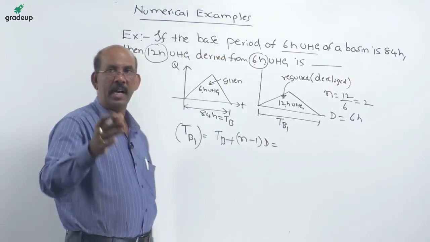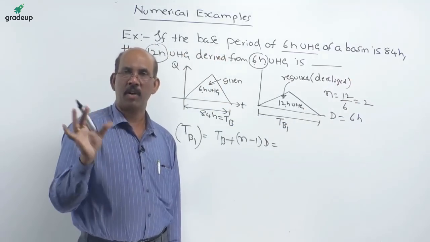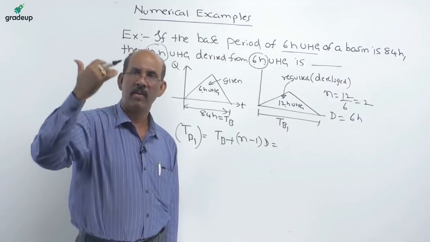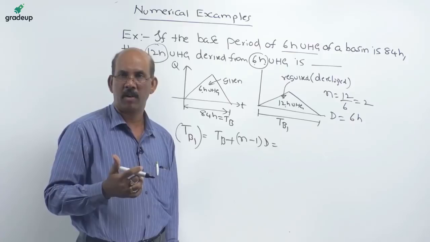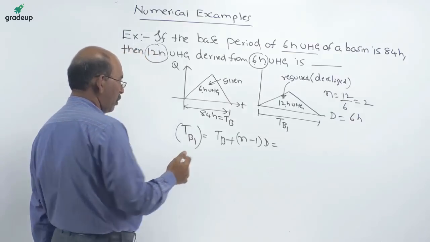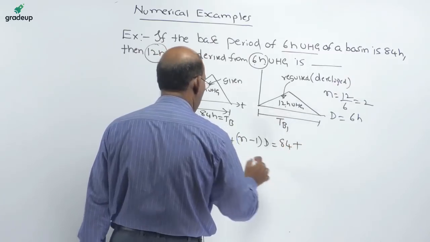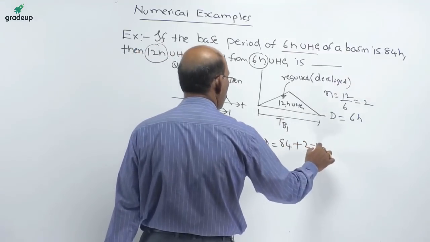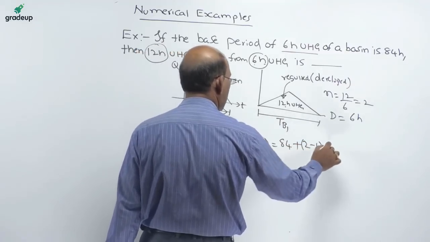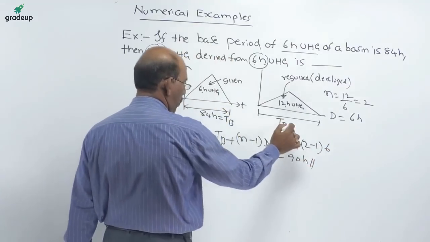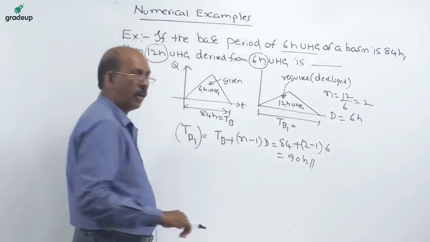In the data we have the 6-hour unit hydrograph data, that is the discharge versus time, and we are developing a 12-hour unit hydrograph. So TB is given as 84, plus (2 minus 1) into D, so TB1 is 90 hours.